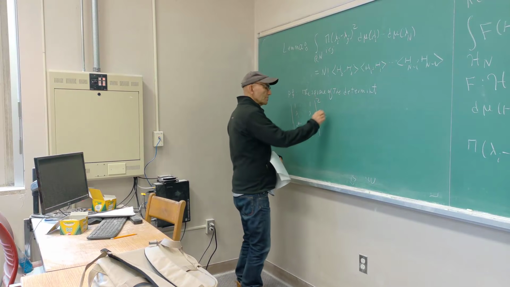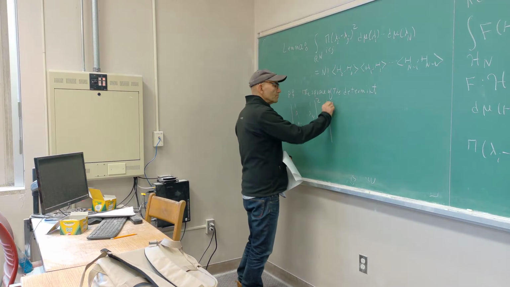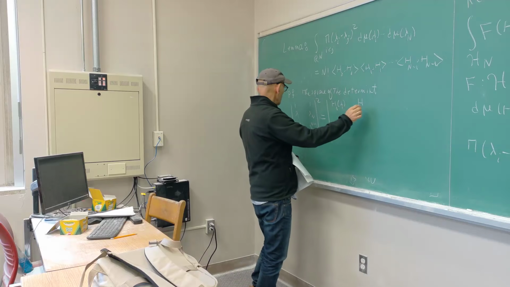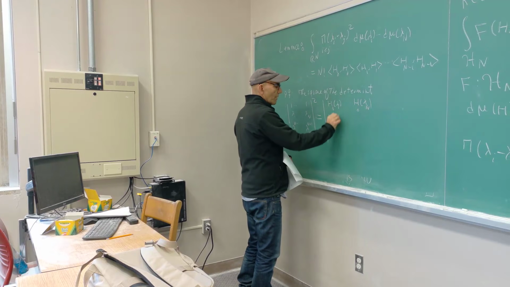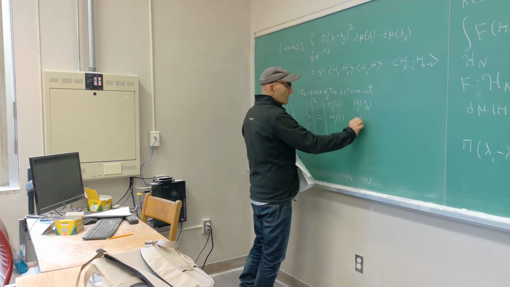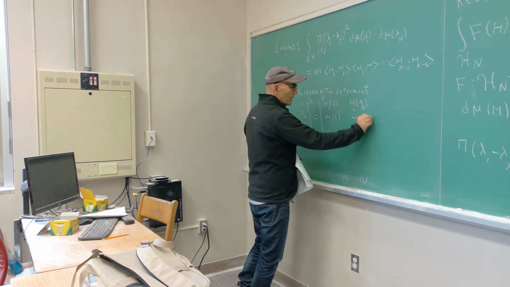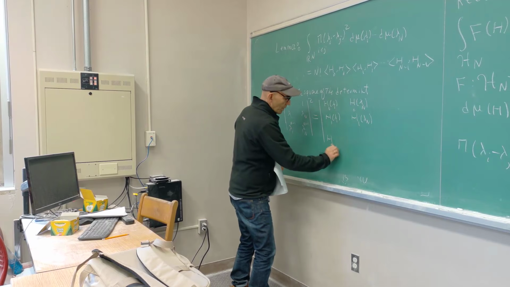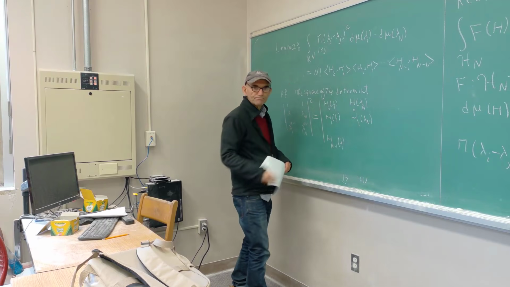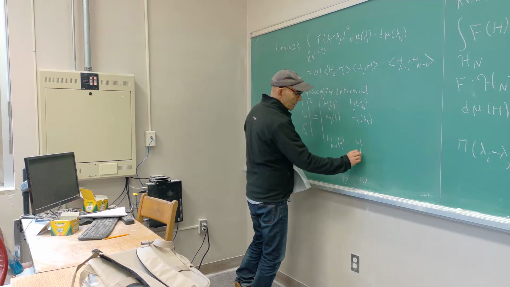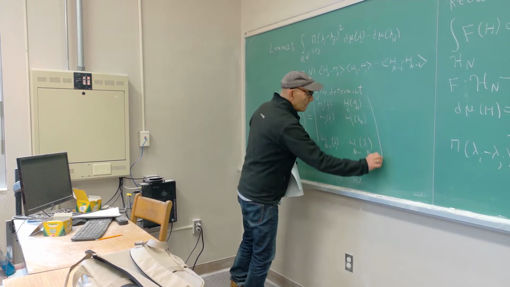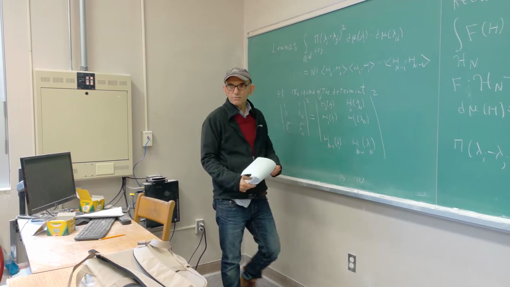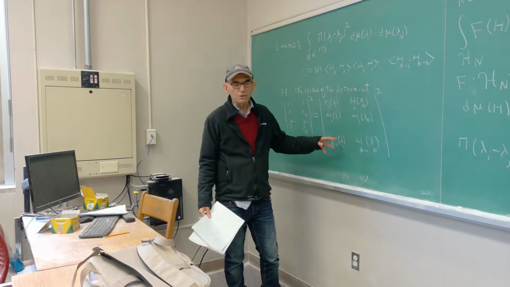You can write it actually as the determinant with rows h0 of lambda_1 all the way up to h0 of lambda_n, then h1 of lambda_1 up to h1 of lambda_n, up to h_{n-1} of lambda_1 up to h_{n-1} of lambda_n, squared. This is what we also observed last lecture.